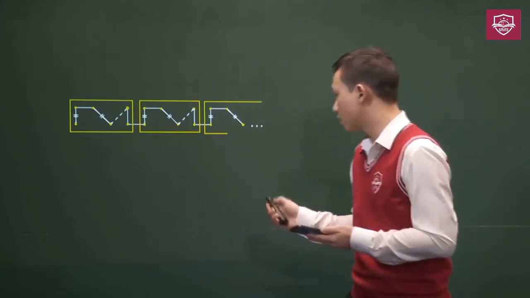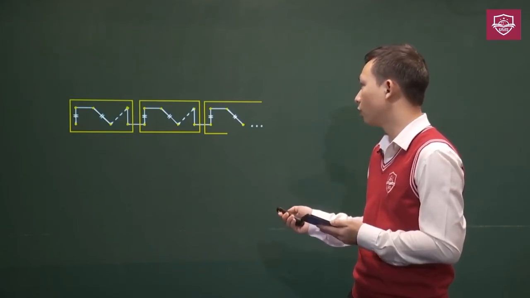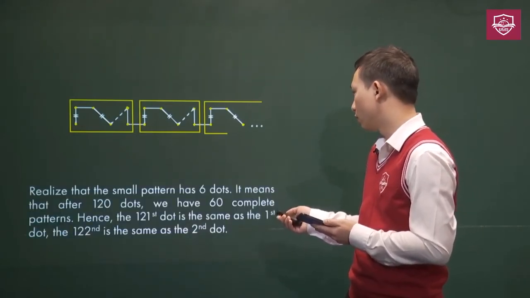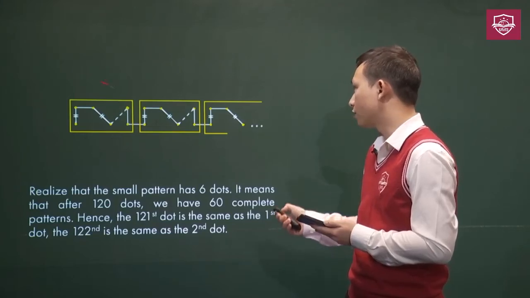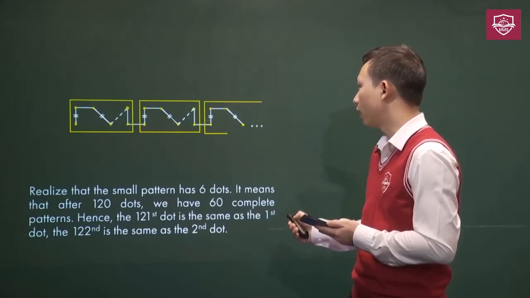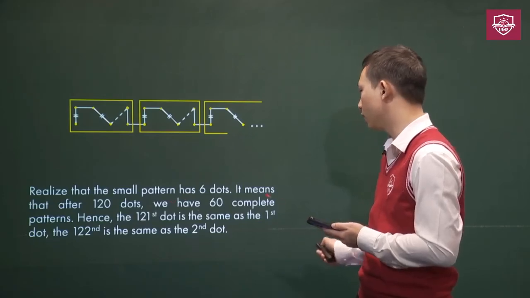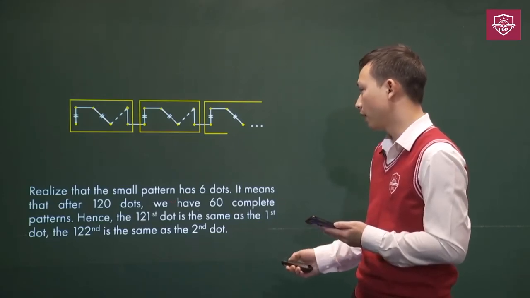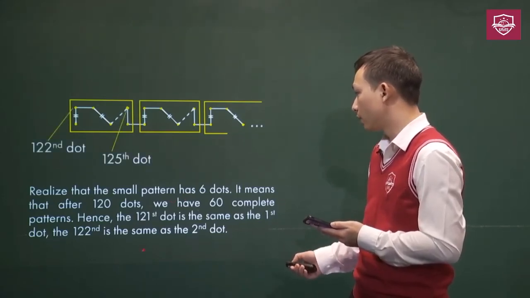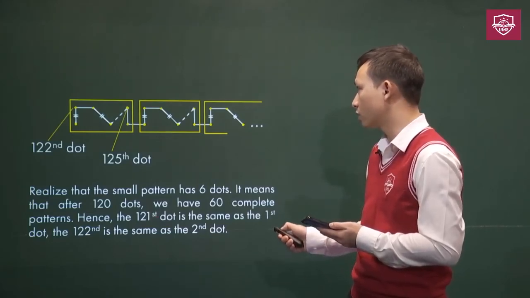And because there are 6 dots on each pattern, we will continue. After 6 dots, we complete the first pattern. After 12 dots, we complete another pattern, and so on. After 120 dots, we have 60 complete patterns, and hence the 121st dot is actually this dot.